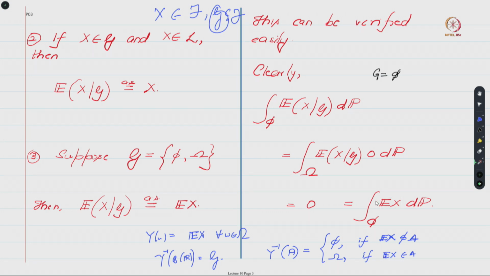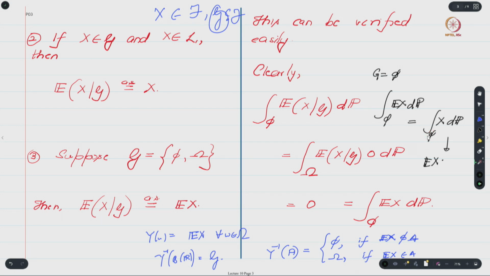So we have to check that this thing over the empty set actually equals the integral of x dP over the empty set. We have to verify this, and as I told you, the right hand side is actually the expected value of x times the indicator of this set, but since this set is empty, the indicator is 0.